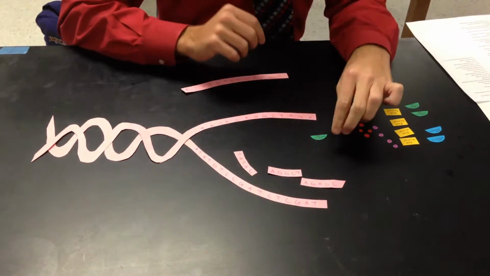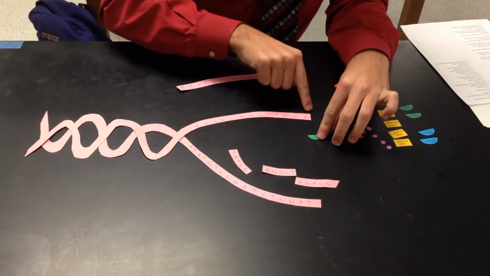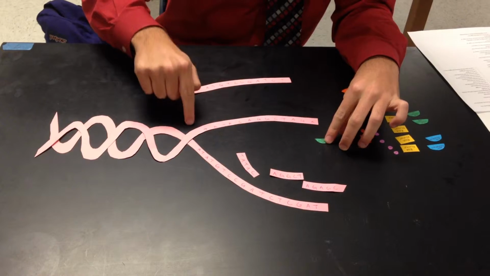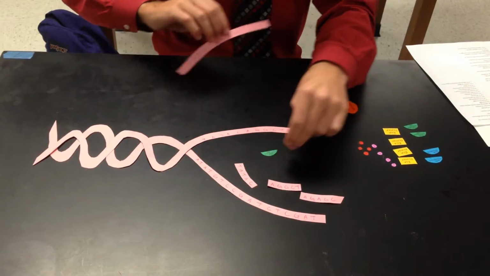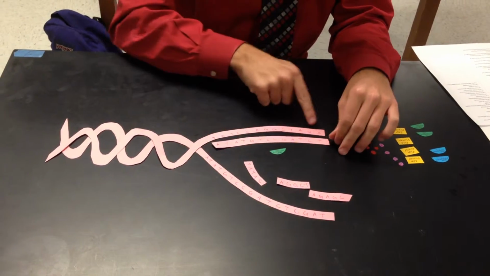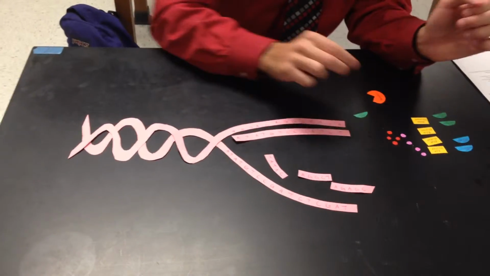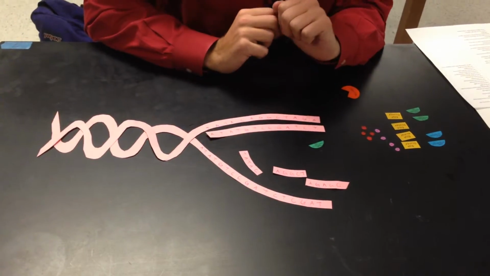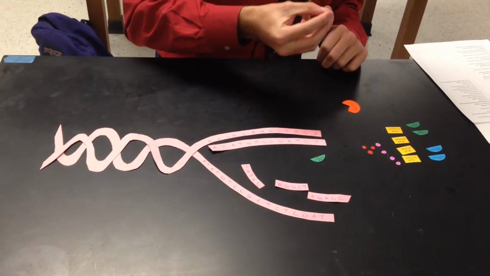So that's why that's important. Here's the 5' section, here's the 3'. It goes all the way and makes this strand right here, A with T, C with G. And that is the leading strand. That's the easy one.